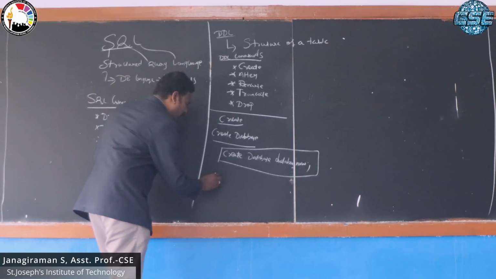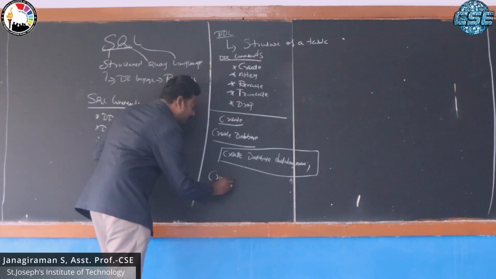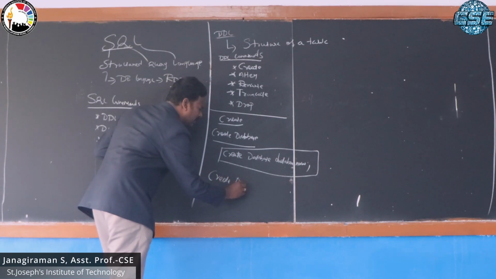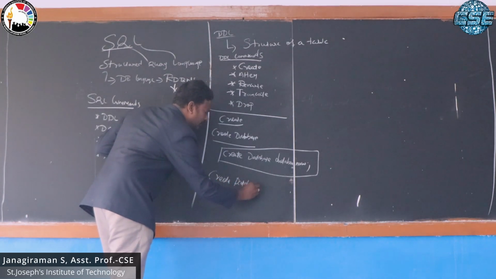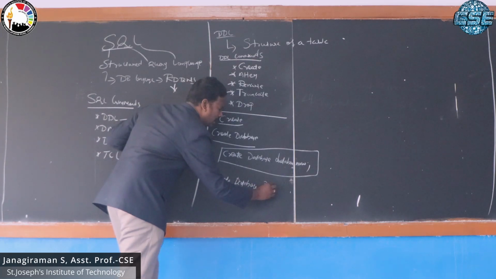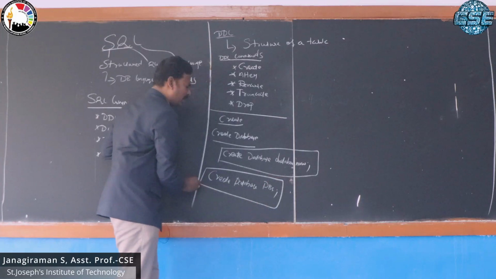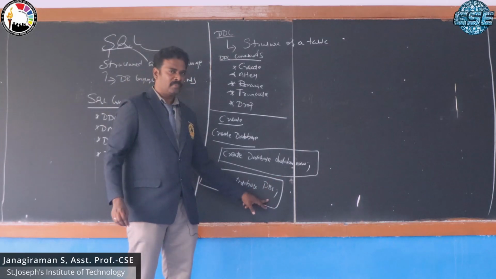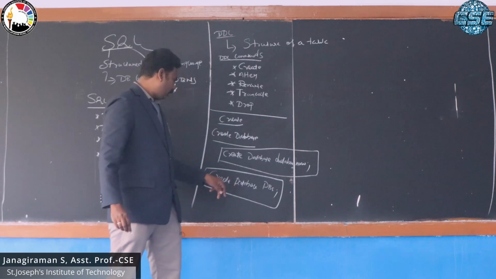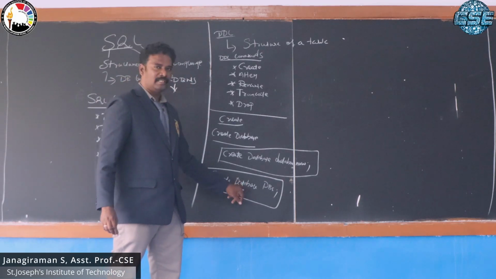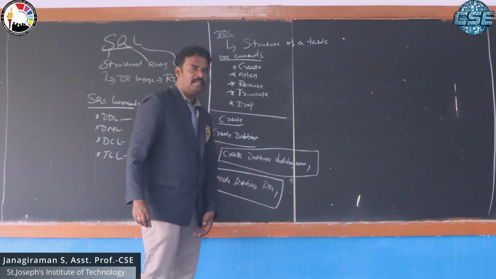For example, let me create a database called db5. So you use create database db5. Here db5 is my database name. Create is a keyword, database is a keyword. So I created the database, right?